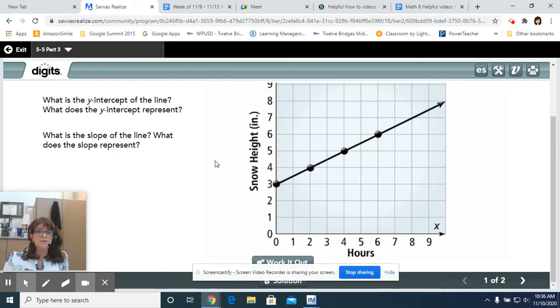Then it asks about the slope. If we look here, the snow goes up 1 inch every 2 hours. So in this case, we have a rise of 1, a run of 2.